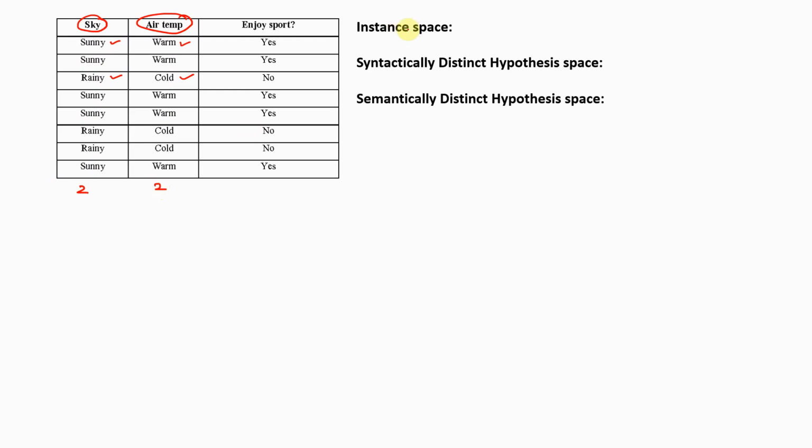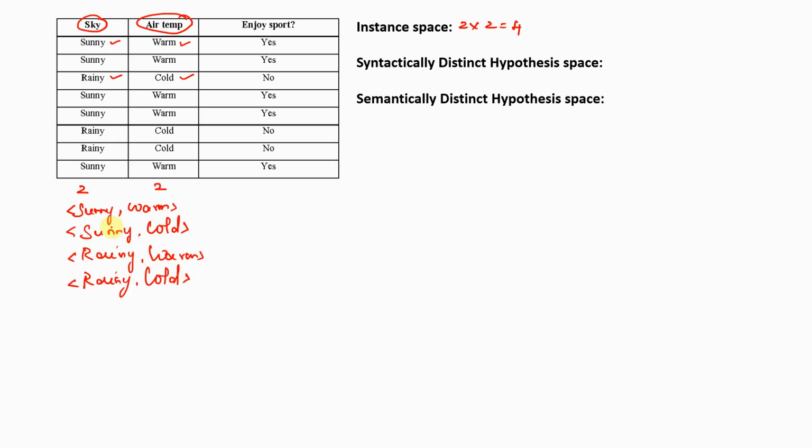So we have two each, and in the instance space we can make 4 instances: sunny and warm, followed by sunny and cold, and similarly rainy and warm, followed by rainy and cold. So these are the various possible instances available in our instance space.